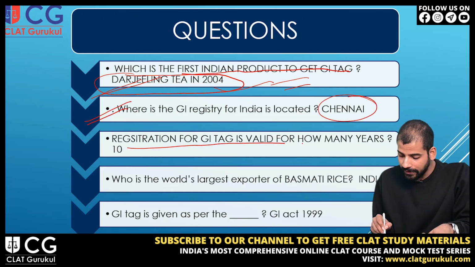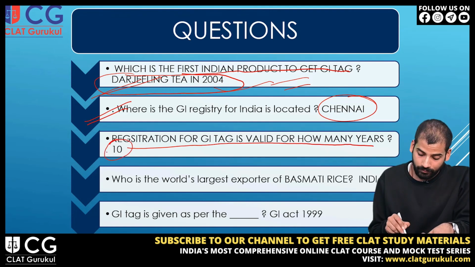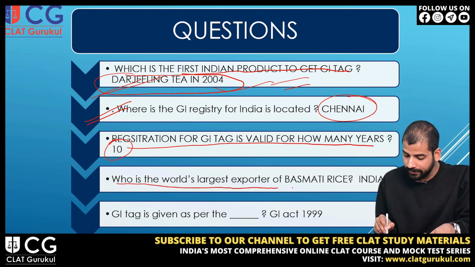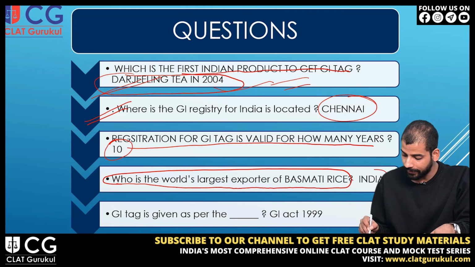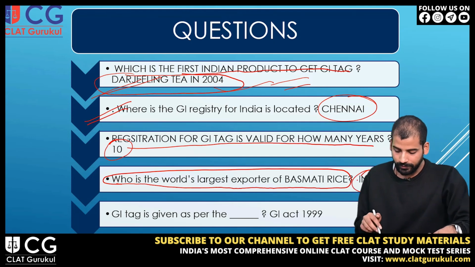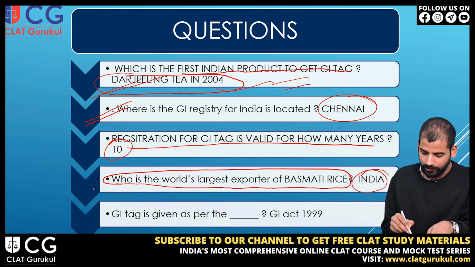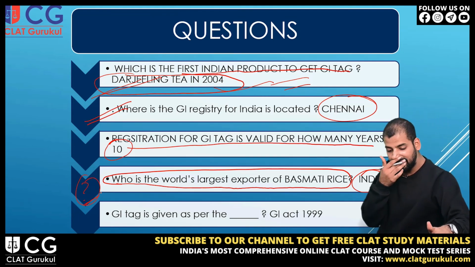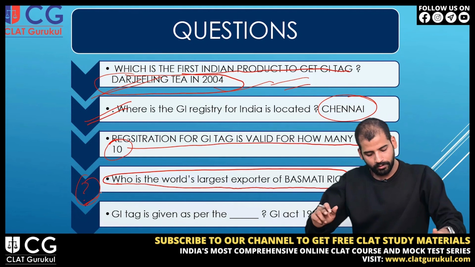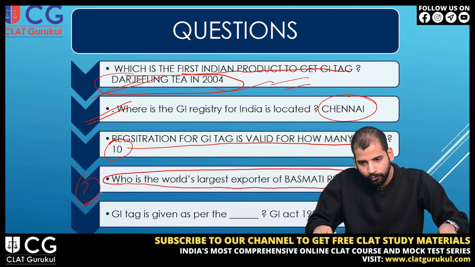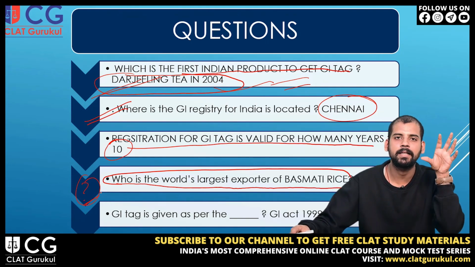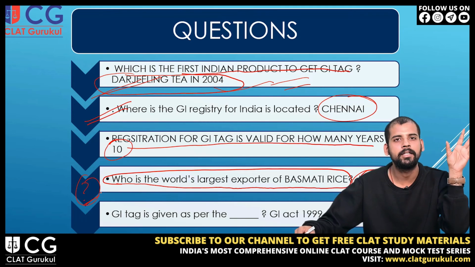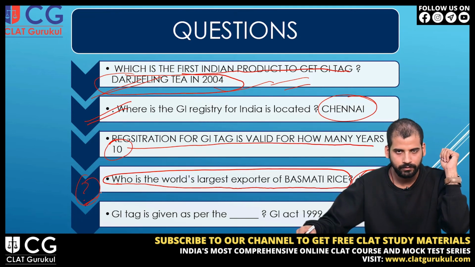Now registration for GI tag is valid for how many years? 10. Who is the world's largest exporter of basmati rice? India. Right. So why is this question relevant? I'm asking you. Okay. Now I'll tell you why this question is important. Now you get an editorial about the India-Pakistan dispute over basmati rice, right?